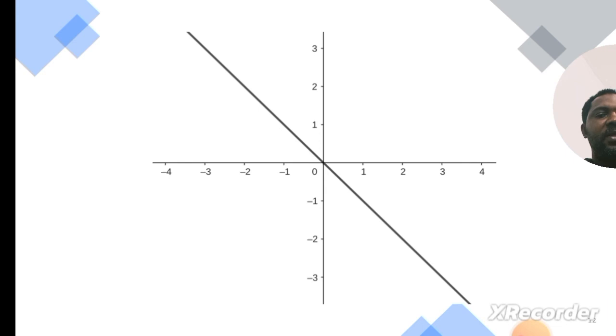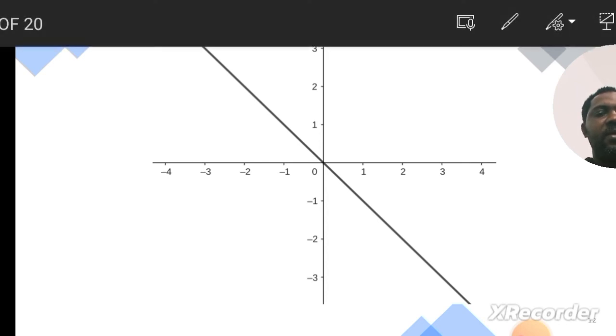Now look at this. It is obvious that the graph is going down as you go from left to right. This is the left here. As it's going from left to right, it is going downwards. That is a negative slope. So my slope is negative, minus m, but my intercept c is equal to 0.